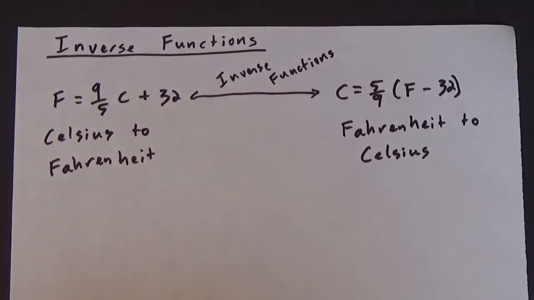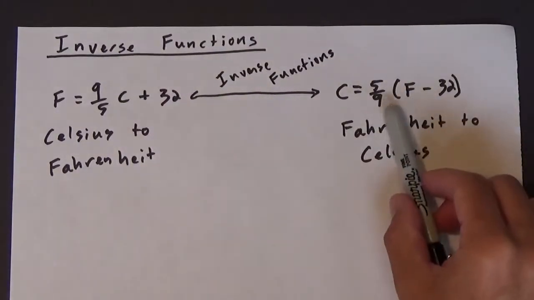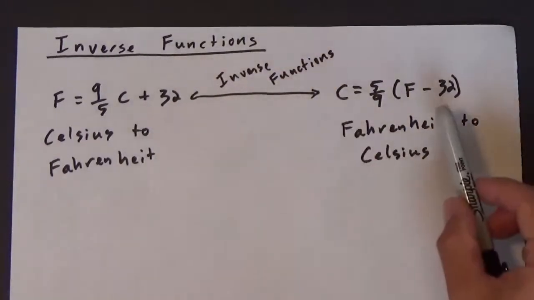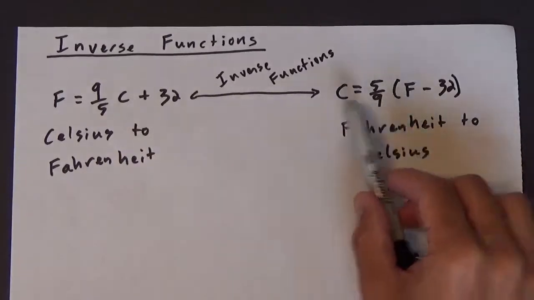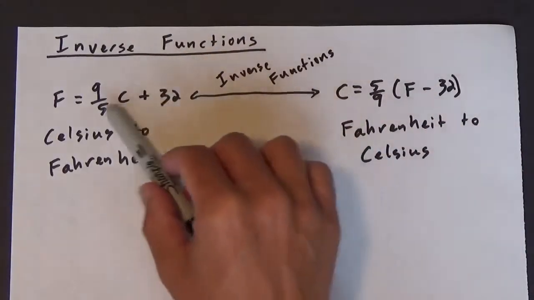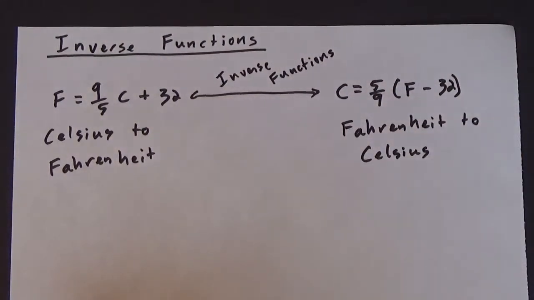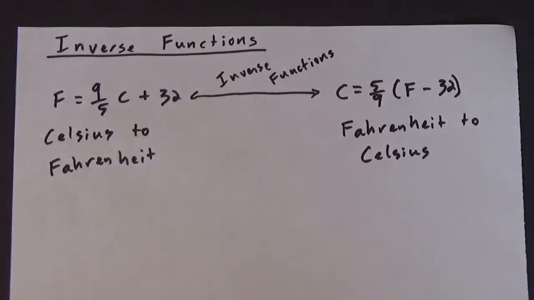How do I get to Celsius? The idea is, if you find the inverse function, then you create a formula to go backwards. We're not going to say which way is forward or backwards, but inverse functions allow us to go one way, and then with the inverse function, we can go back.